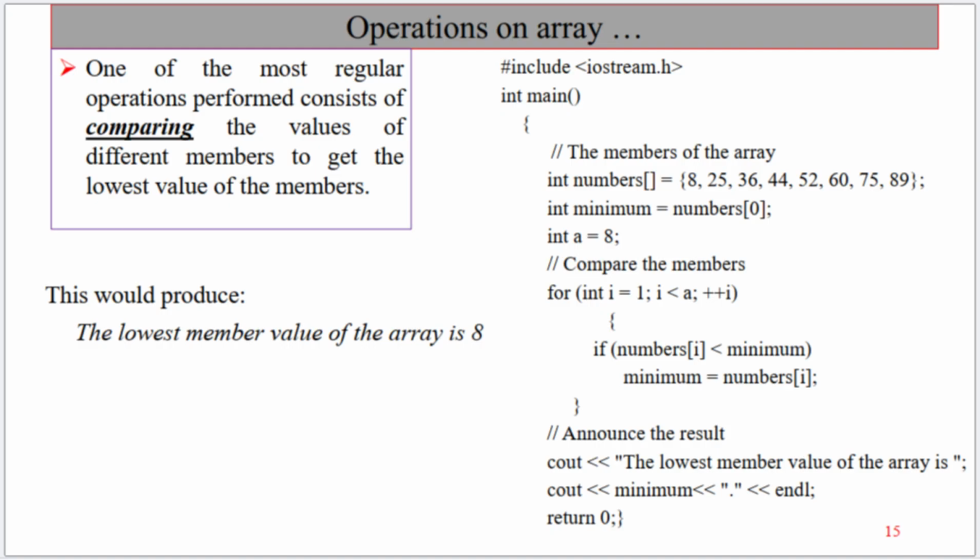Compare the members: for int i equals 1, i less than a, i plus plus, if numbers[i] less than minimum, minimum equals numbers[i]. Announce the result. cout the lowest member value of the array is, minimum, endl, return 0.